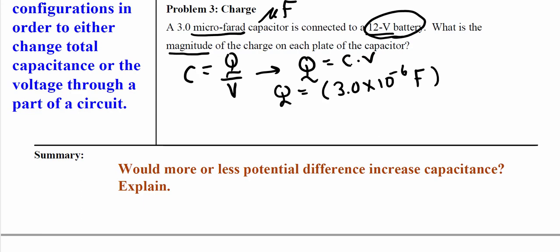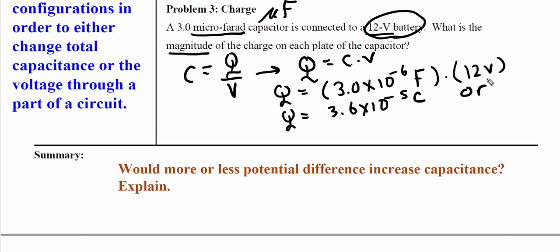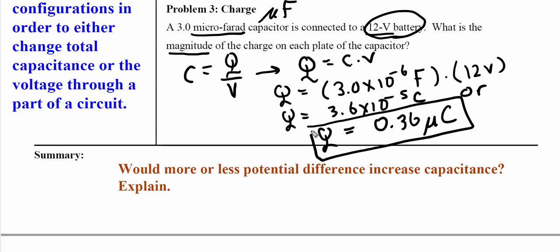This C is not coulomb, this C is capacitance, and then the V is voltage. And so we get in the calculator 3.6 times 10 to the negative 5 coulombs, or it might be more appropriate to write this as 0.36 microcoulombs, okay? Be careful with the units and the symbols here, right?